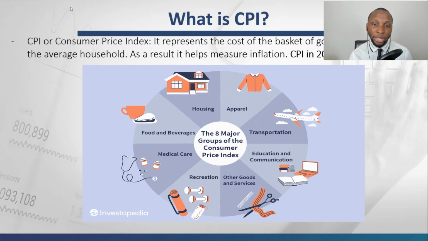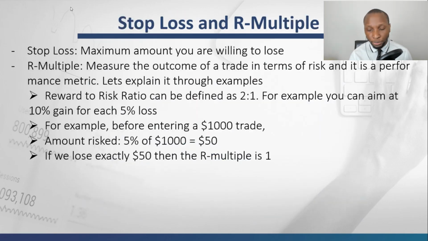So it could be the housing price, how much you pay for food and beverage, how much you pay for medical care, how much you paid for recreation, how much you paid for other goods and services, etc. Those are 8 major groups that are being used to determine that consumer price index, which is basically the average spending that you do a month.